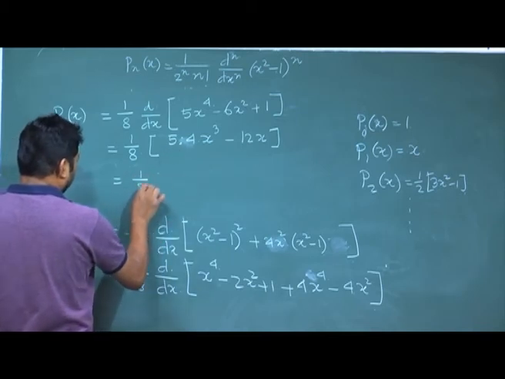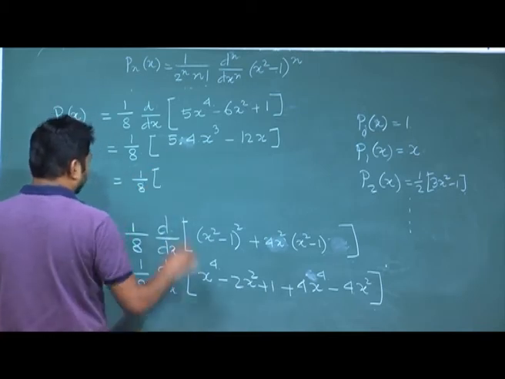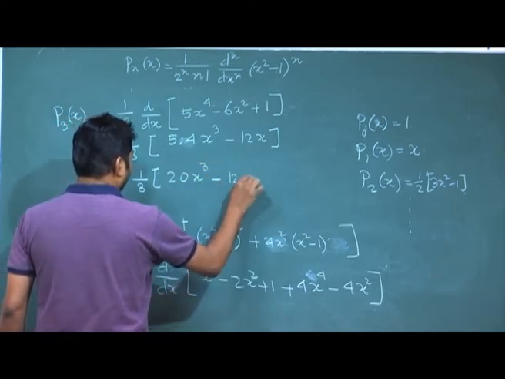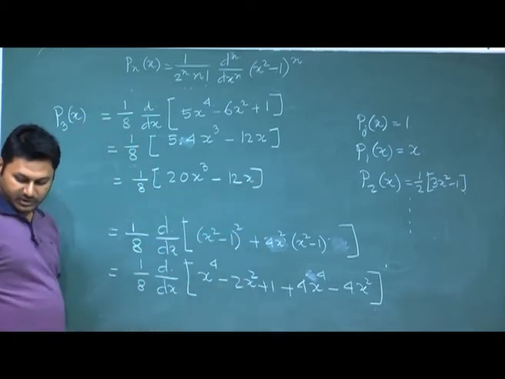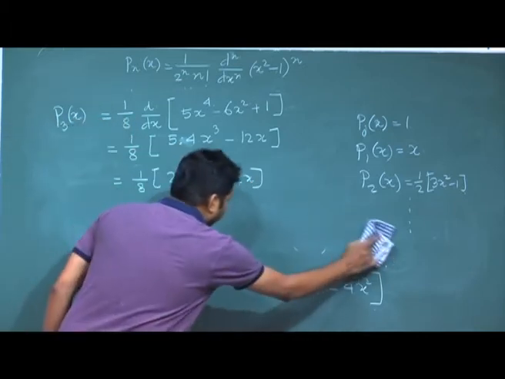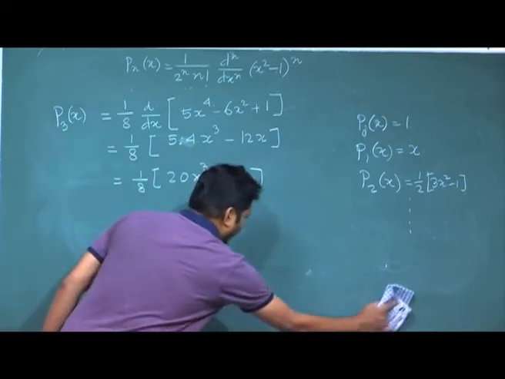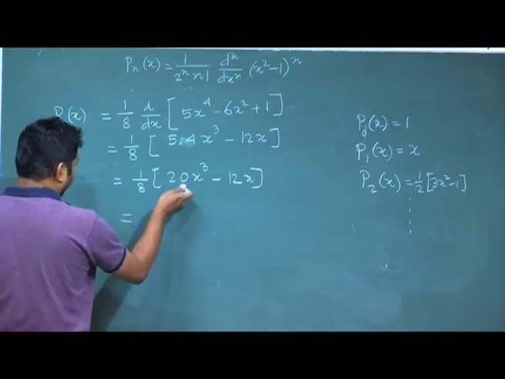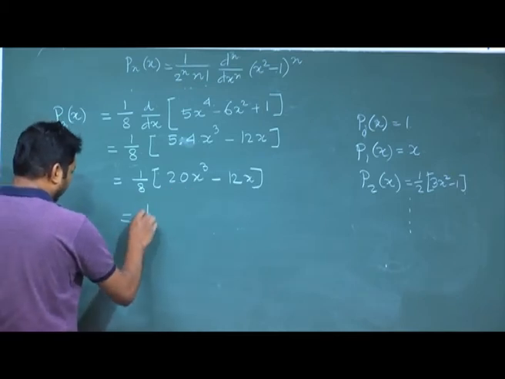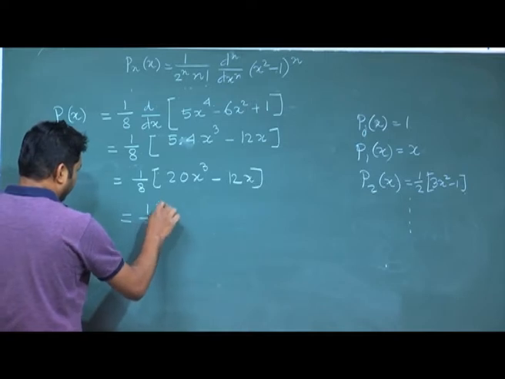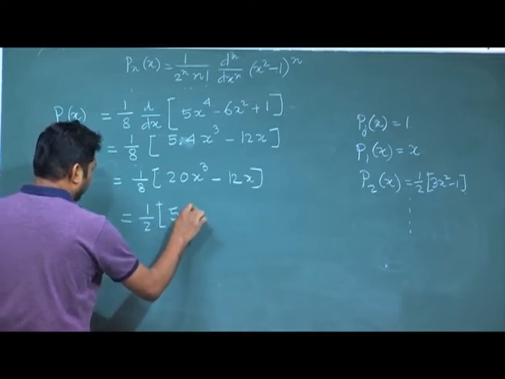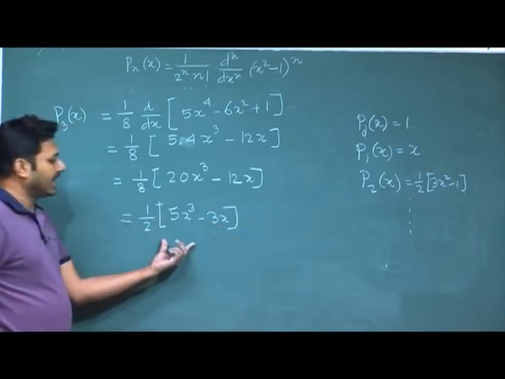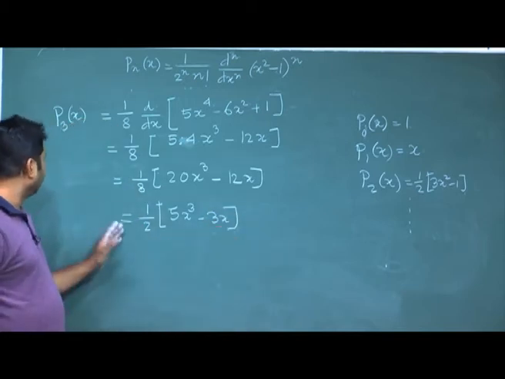Let me write it, this is 20x³ minus 12x of this. So we have already got the polynomial, but next I need to reduce a bit. If I take 4 common, I will have half of 5x³ minus 3x. Still I have a polynomial of higher order, and this is the form of P3.